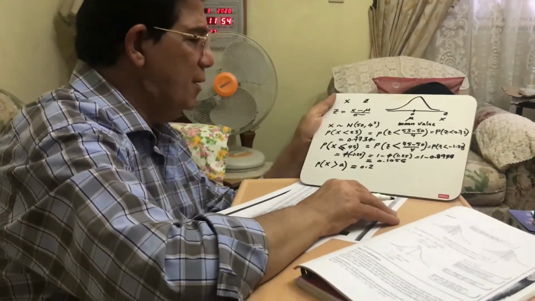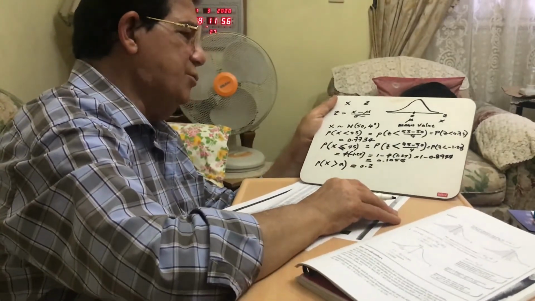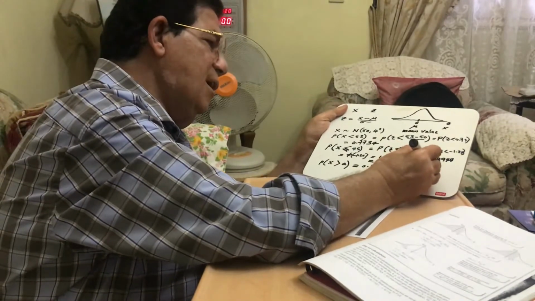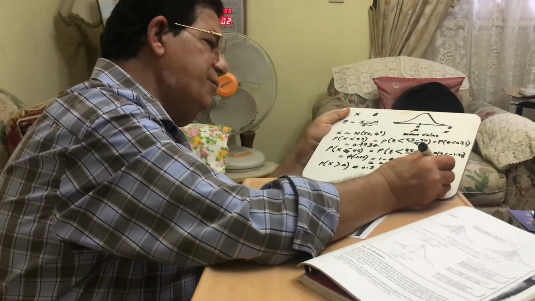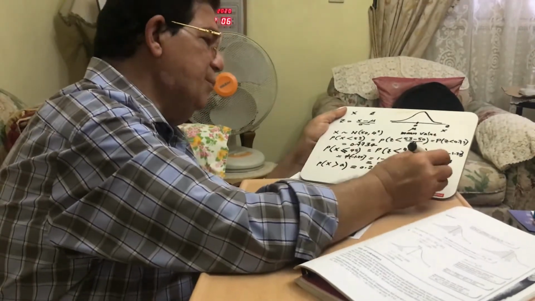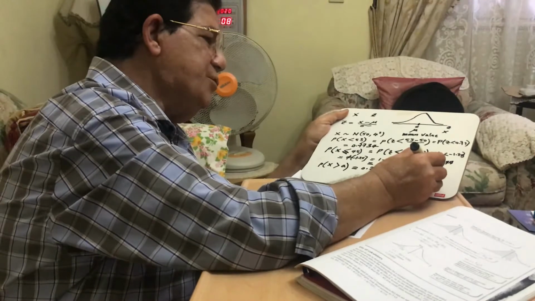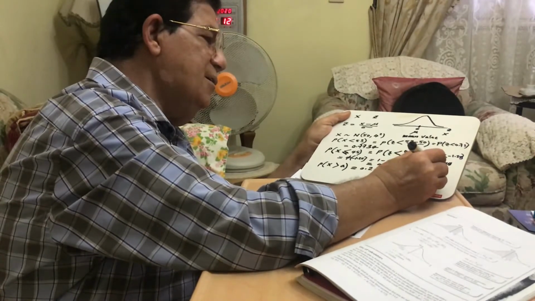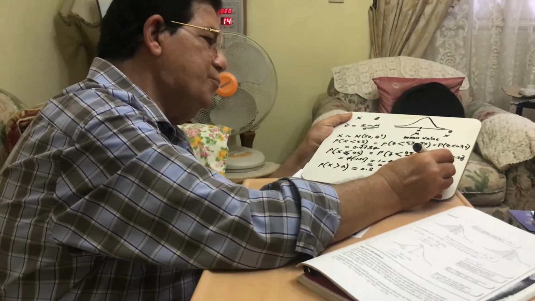Now, what is the meaning of this? This is a graph, the normal distribution, and the number a is here, and this area is 0.2.